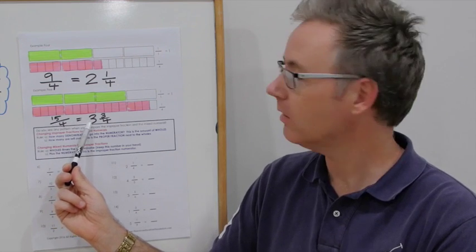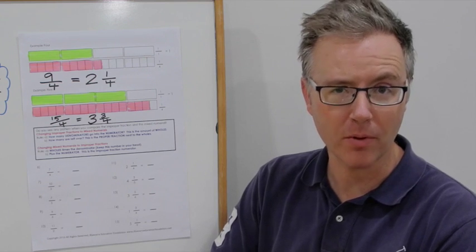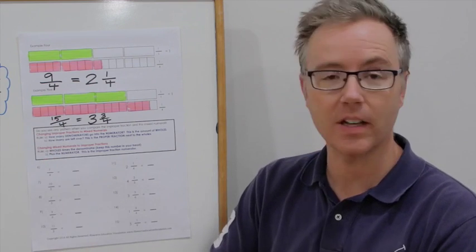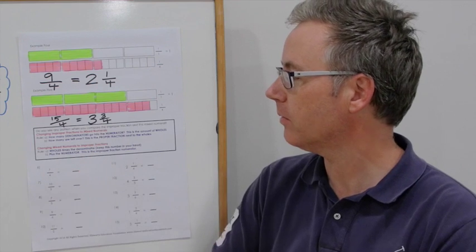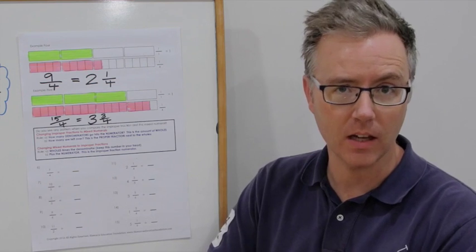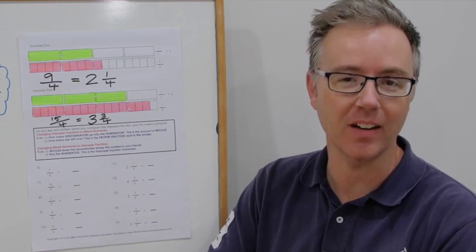How many are left over? 3. So we then have the proper fraction 3/4. Answer: 15/4 as an improper fraction into a mixed numeral is 3 3/4. Let's go and do 6 through to 10 together now, and then we'll look at doing it the other way.